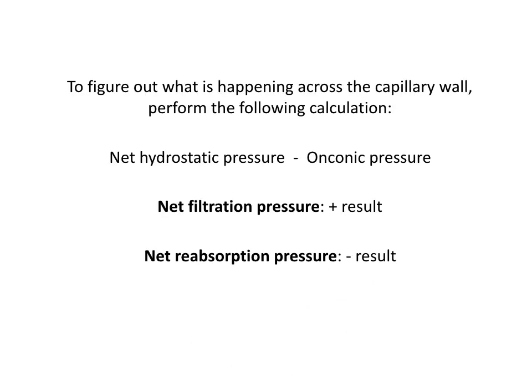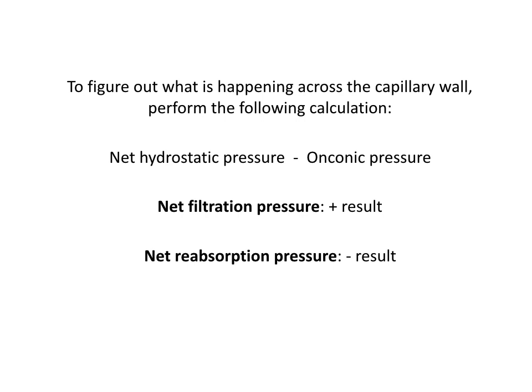Now, using this information, you can actually figure out what's happening across your capillary wall at any point in time. You can take your filtration pressure, the net hydrostatic pressure, and subtract from it the oncotic pressure, which is your reabsorption pressure.